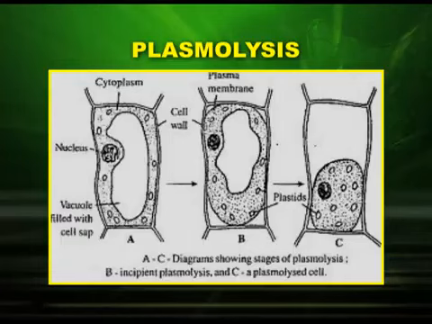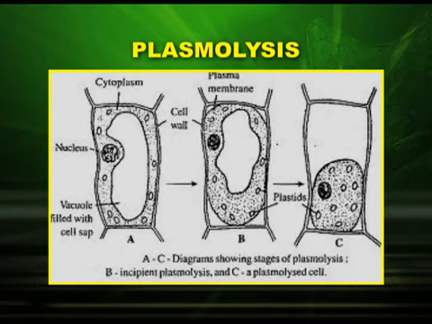Plasmolysis is the shrinking of cytoplasm within the plant cell. Now, let us see the process of plasmolysis with the help of the following diagram.